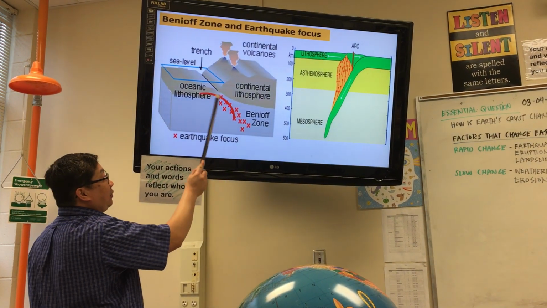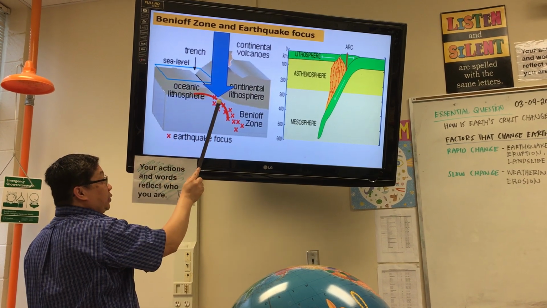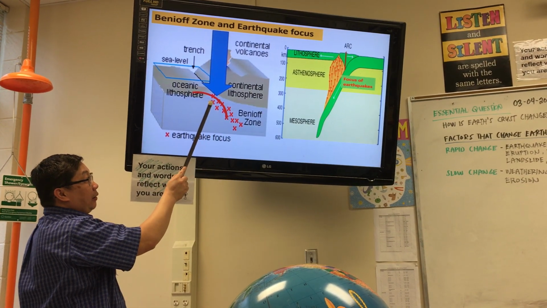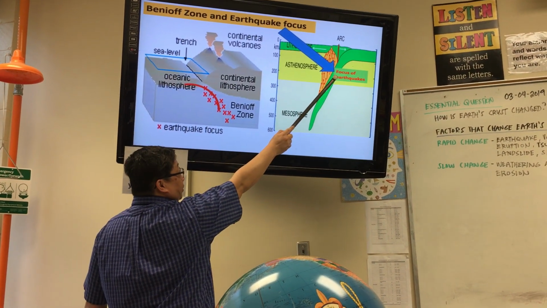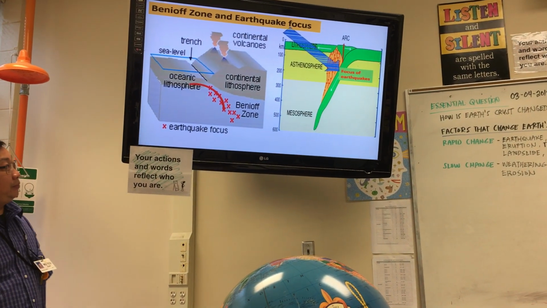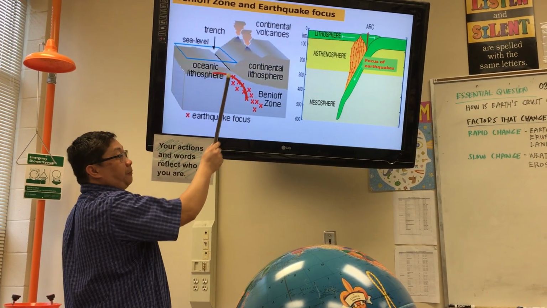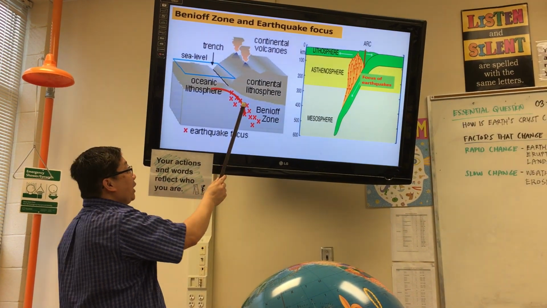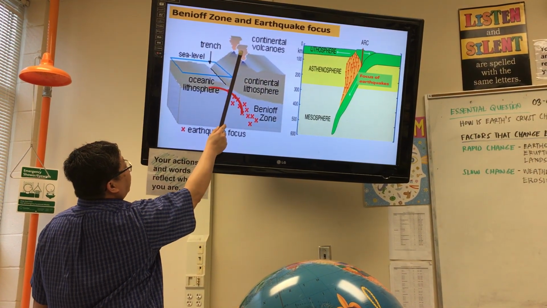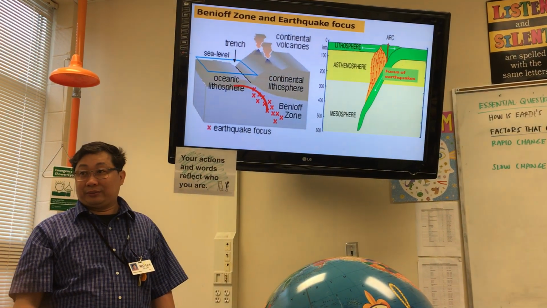And this is where the Benioff zone is located, and this is where also the Benioff zone is located in the other picture. And in this area, the focus starts, the earthquake, and then it goes up right there, which we call the epicenter.